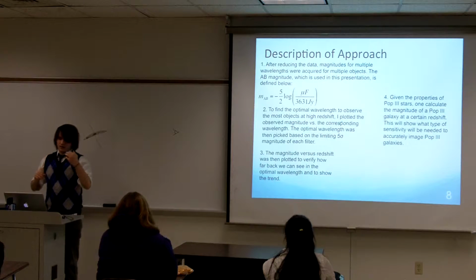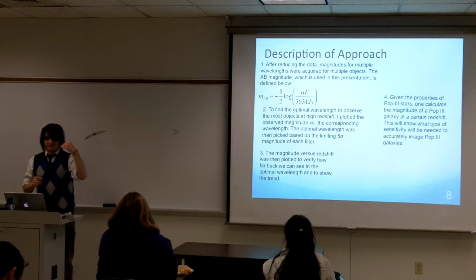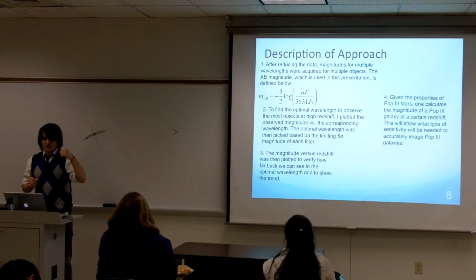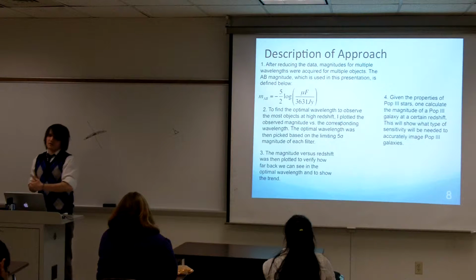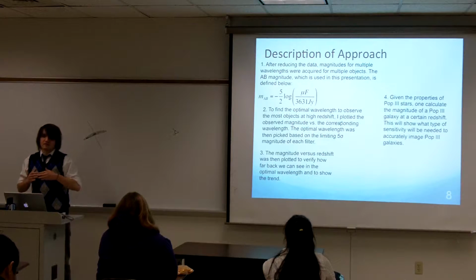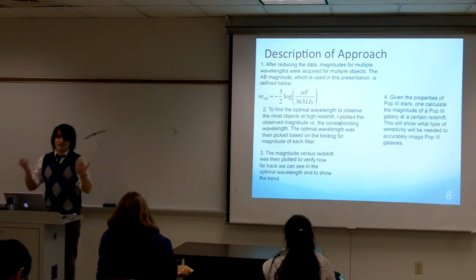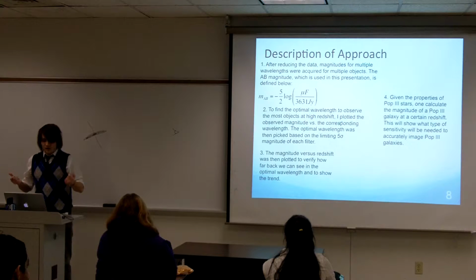If the limiting magnitude was higher than the magnitudes of the galaxy, I knew I could accurately know those magnitudes. If it was above it, then I couldn't know it, because the telescope only has a certain magnitude it could be reliable at.